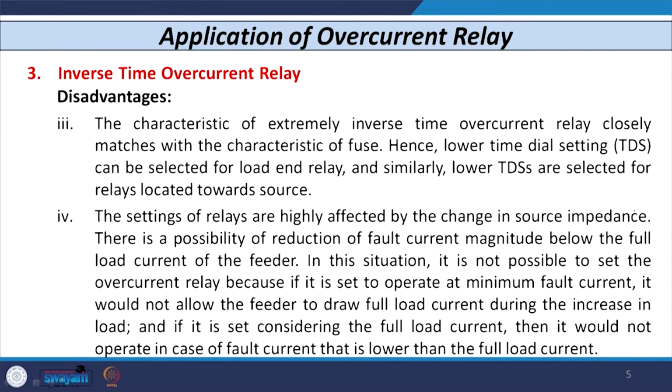The third disadvantage of the inverse time over current relay is that whenever we want to decide the characteristic of the relay, its characteristic should be exactly matched with the characteristic of the particular protective device which we have connected near the load.